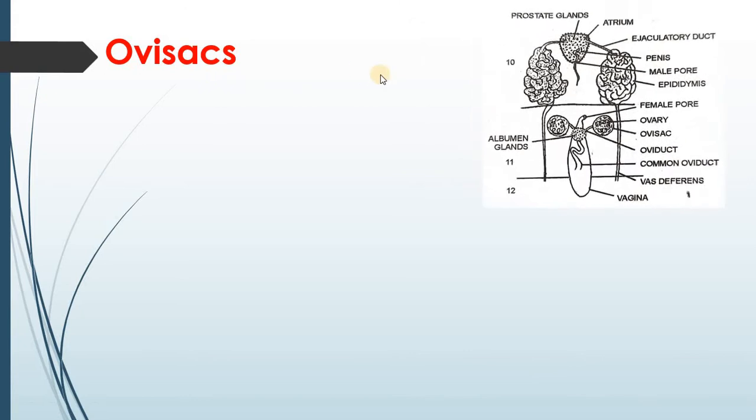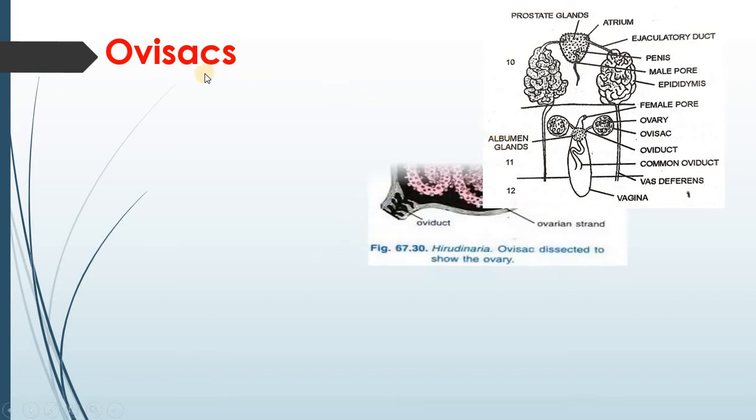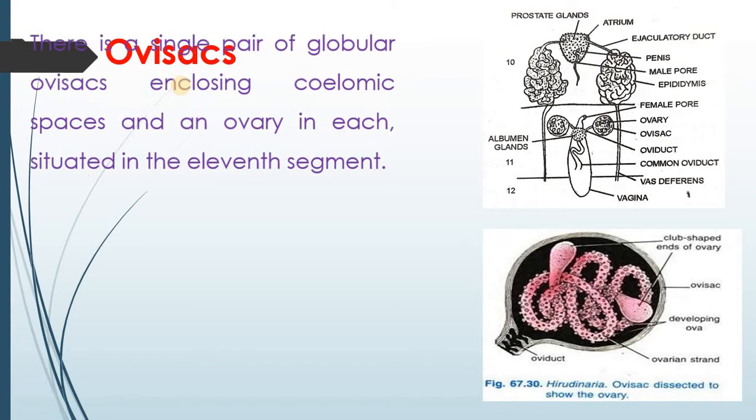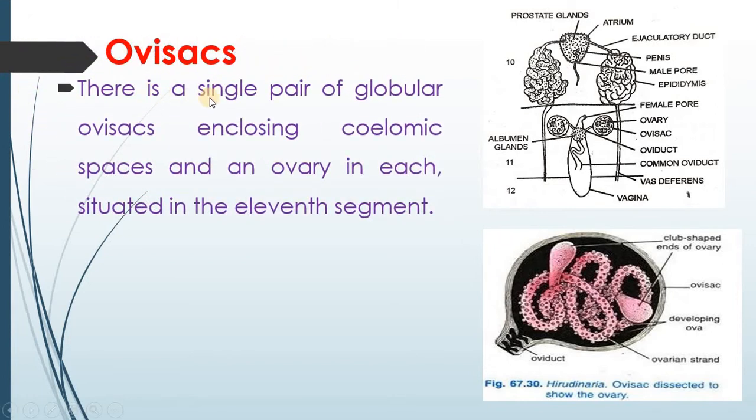Ovisacs. This is the diagrammatic representation showing the various parts in the female reproductive system of Hirudinaria or leech. There is a single pair of globular ovisacs enclosing coelomic spaces and an ovary in each, situated in the 11th segment.